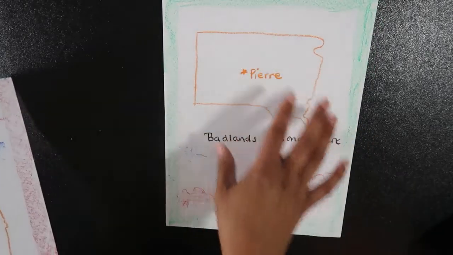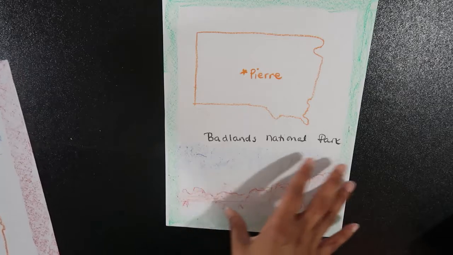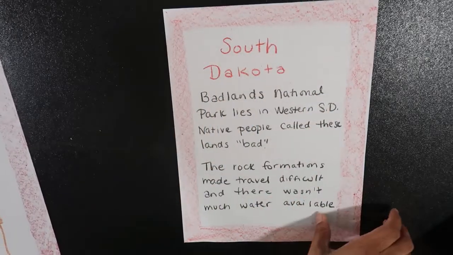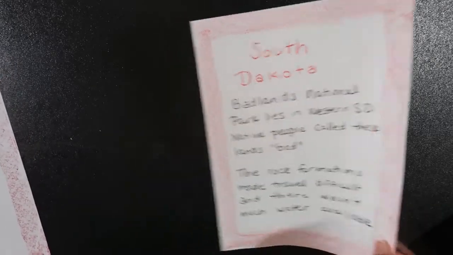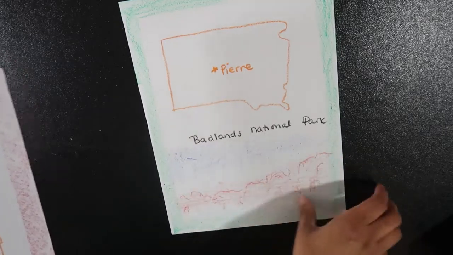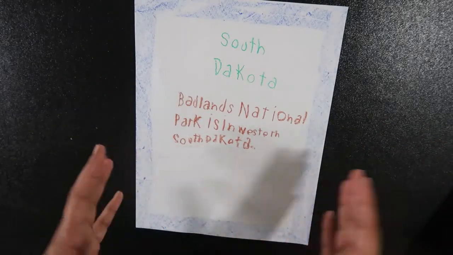Basically the state, the name of something from the state that we read about, and then an image, and on the back some copy work from the textbook. And he will be free to choose what is of interest to him. But for this first one, I had him do it the way that I did it, but going forward, he'll choose.